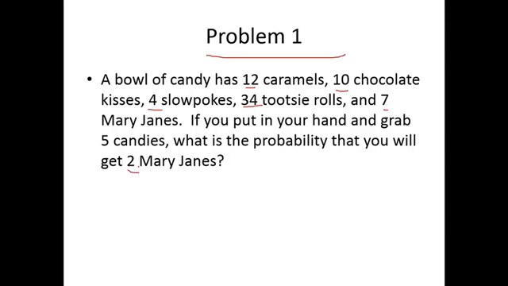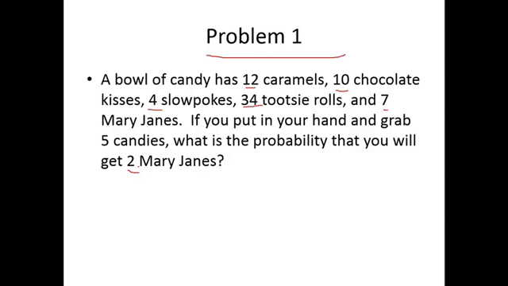Okay, well, this might be a little bit confusing because binomial and hypergeometric both only have 2 categories, success and failure, and here it looks like I've got a bunch of different categories.